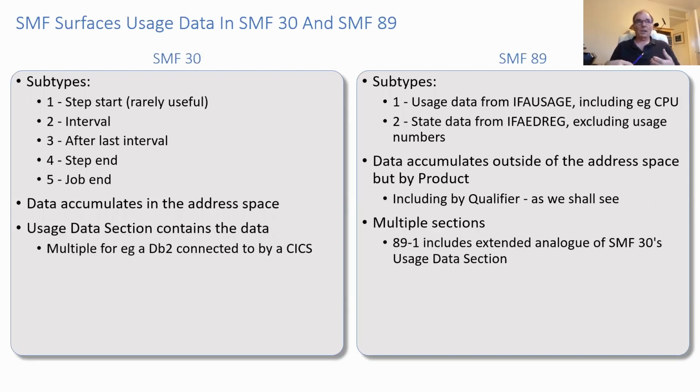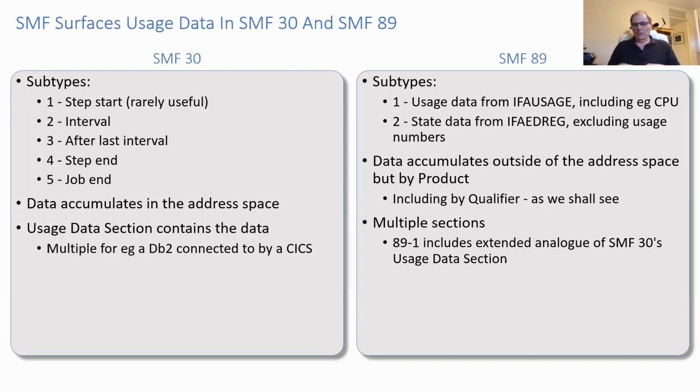For example, it's very typical for a CICS region when connected to DB2 to have multiple DB2 usage data sections, not just the one, likewise MQ. When I first started processing this data, I rather naively grabbed the first one, which is all very well. You want all of them, actually.